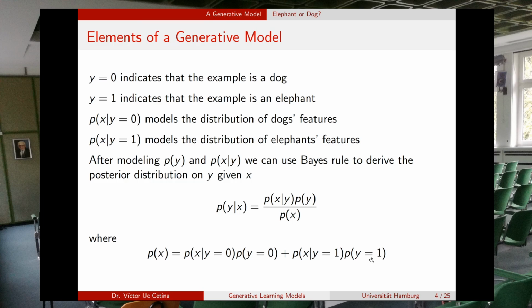If we had, for example, one more category, one more animal, then you would need to compute here plus the probability of x given y equals 2 times the probability of y equals 2, and so on. You can keep increasing the number of classes, but this is the very basic problem in which we have a binary classification problem.